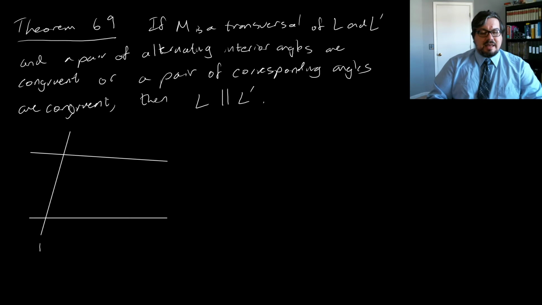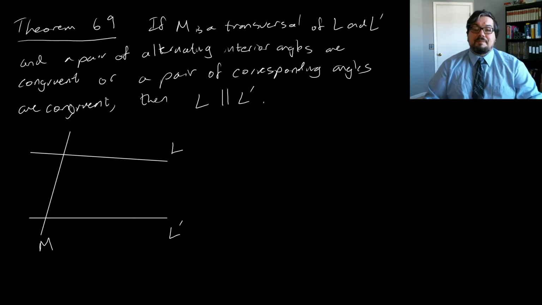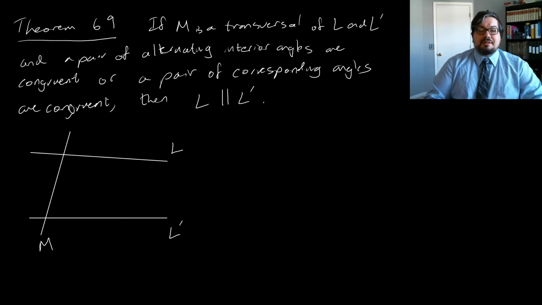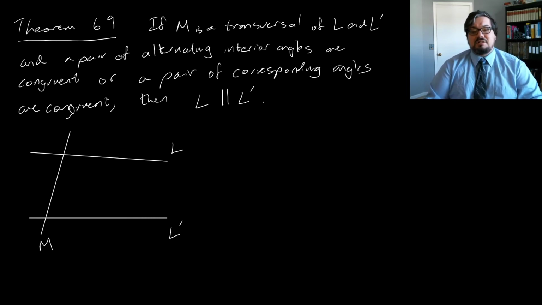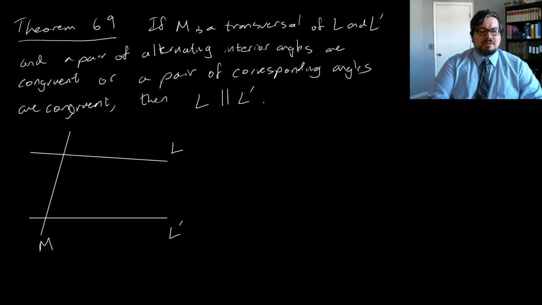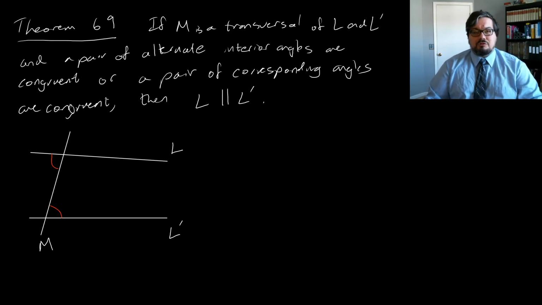We've got M, which is a transversal to L and L prime. And this theorem is telling us that if a pair of alternate interior angles are congruent, then the two lines L and L prime are parallel.